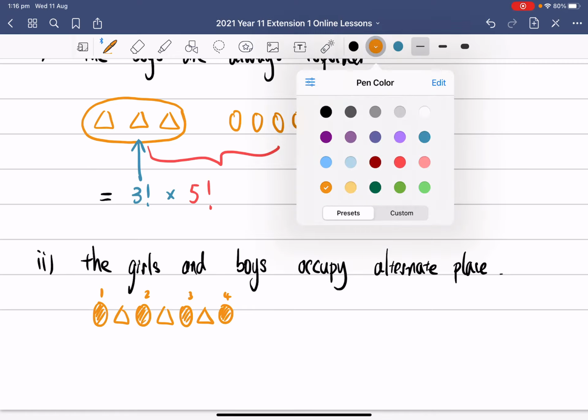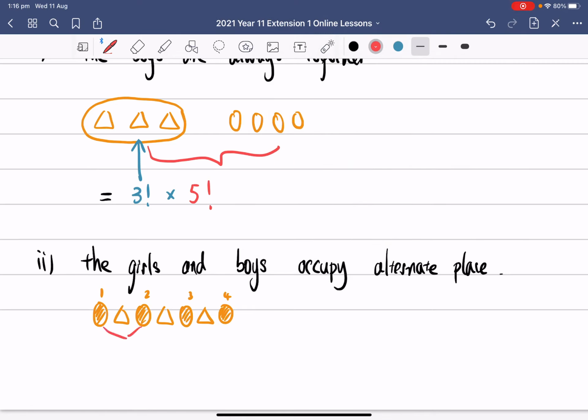And then after we finish the girls, look at these 3 boys. These 3 boys can rearrange themselves in 3 factorial ways. And in that case, there's only one position that's possible, which is girl, boy, girl, boy.